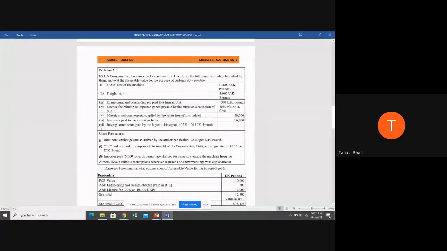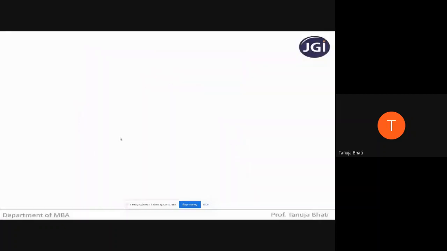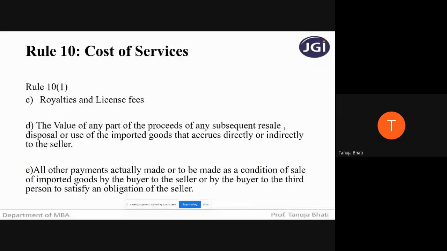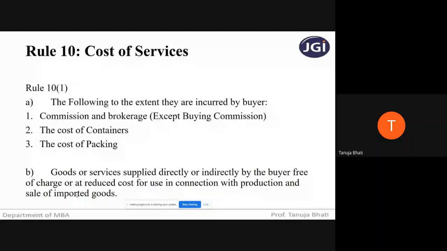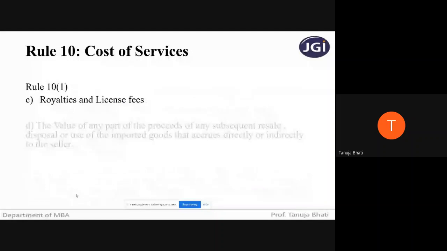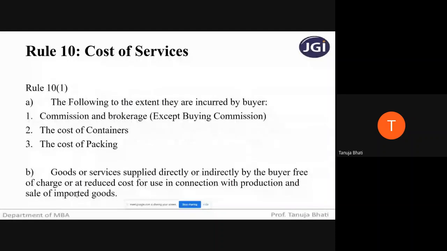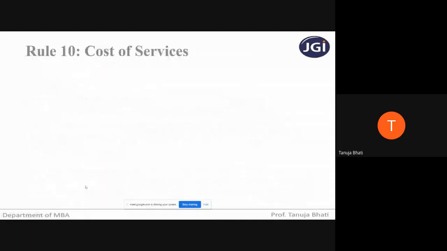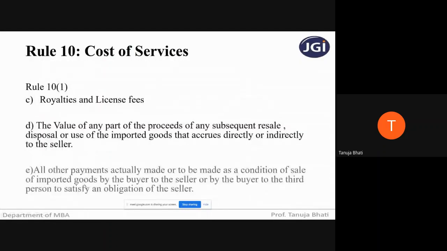See, when we revise here, it is all other payments actually made or to be made as a condition of sale by the buyer to the seller or by the buyer to the third person to satisfy an obligation of the seller.